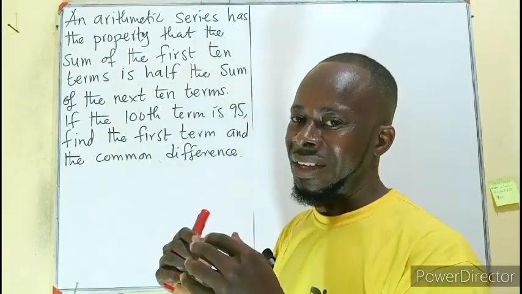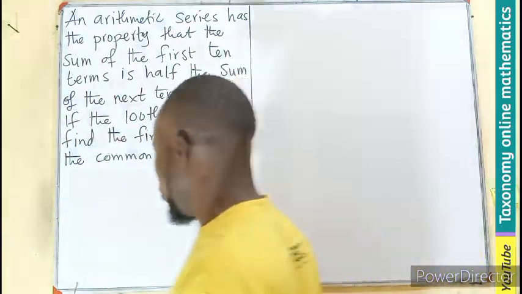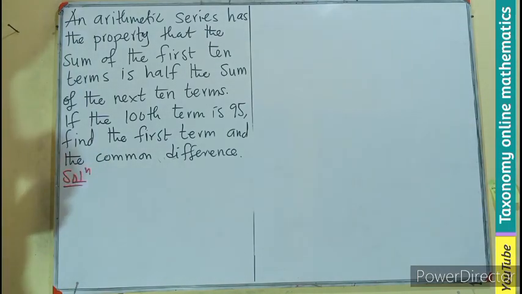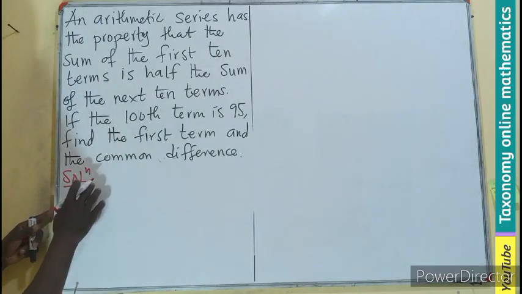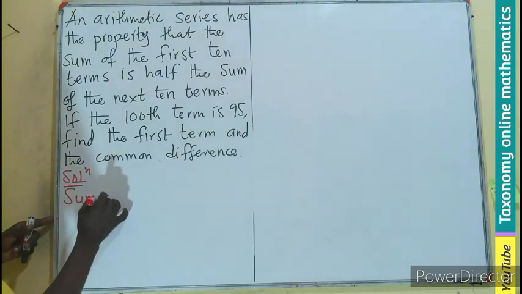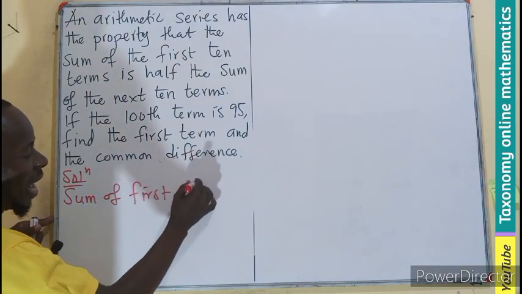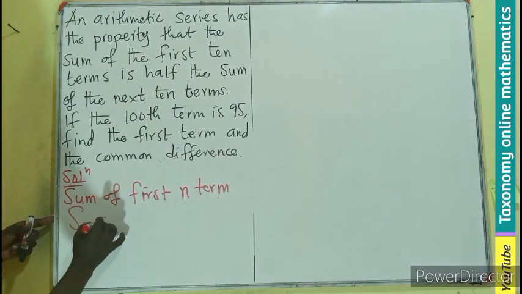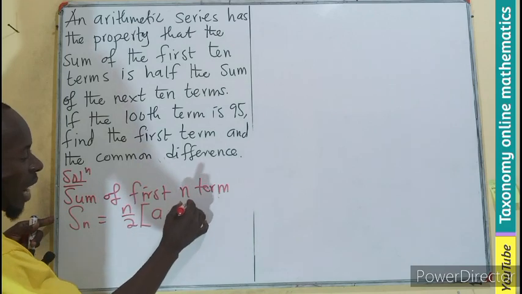How do we write the formula for the sum of the first n terms? The sum of the first n terms is given by Sn = n over 2 times the first term plus the last term.